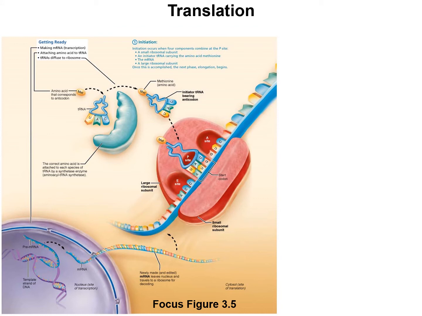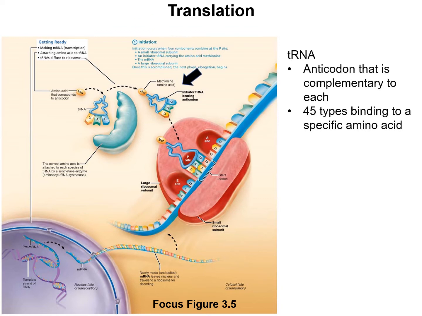Before we get into the details of translation, let me introduce you to our main players. They include the transfer RNA molecule, shown here. Notice that each transfer RNA molecule has an anticodon. That anticodon is going to be complementary to the codon on the messenger RNA molecule.